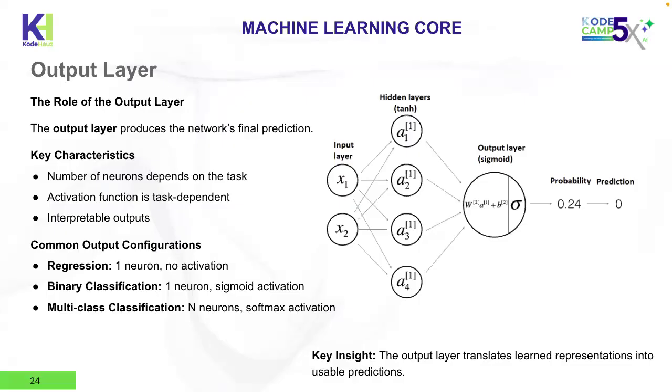So if you are going to do a classification that is only true or false, you will have only one neuron in the output layer, because that one neuron can then be trained to give you a value of 1 if it is true, and a value of 0 if it is false.